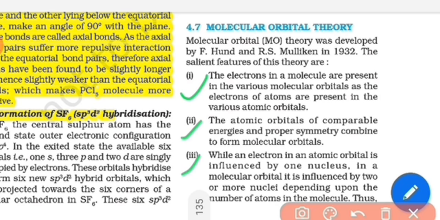Third point, while an electron in an atomic orbital is influenced by one nucleus, in a molecular orbital, it is influenced by two or more nuclei depending upon the number of atoms in the molecule.